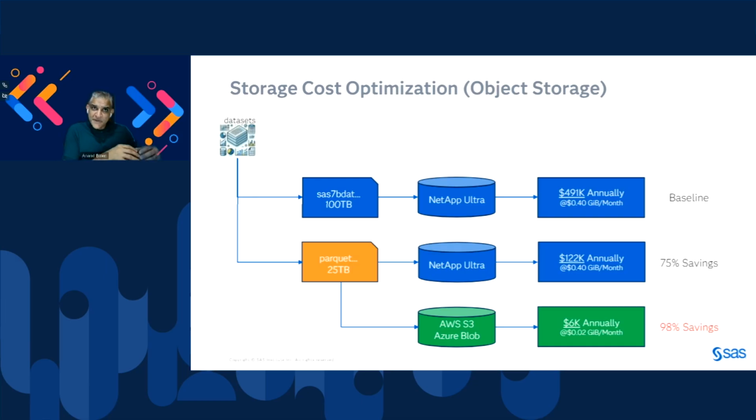So you get the best of both worlds. Number one, we have wrapped the DuckDB processing engine in LIBNAME, so you don't have to learn a new language or dialect. Your existing code would mostly work as is, and you get the performance advantage as well as the infrastructure cost savings.